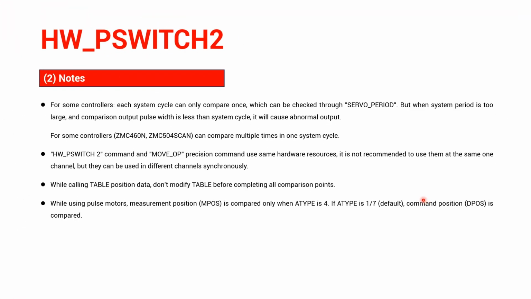As for this instruction, there are some attentions. Number 1, usually compare once in each system period, which can be checked through servo period, and the factory period is 1 millisecond. When we set pulse width, it should be bigger than system period.